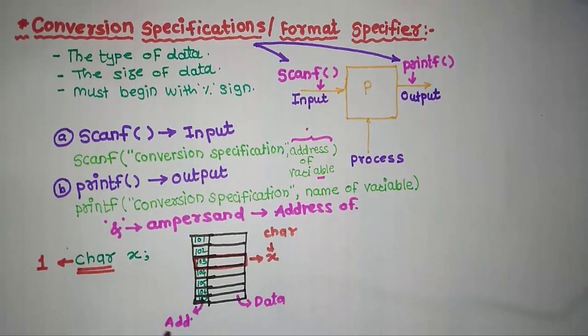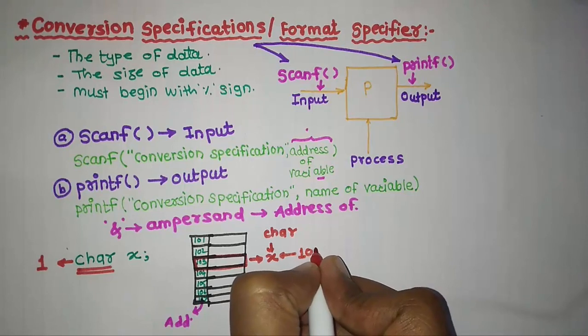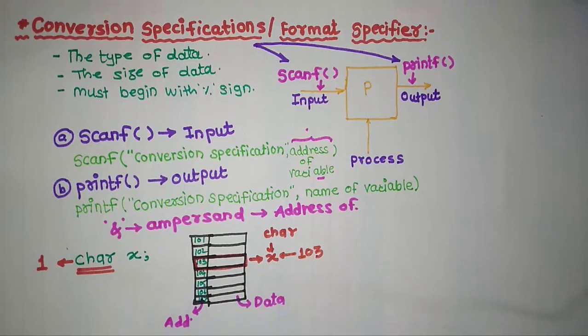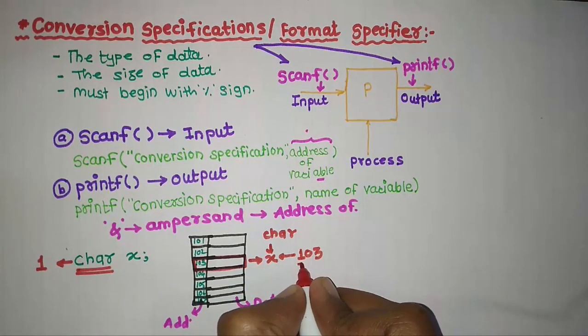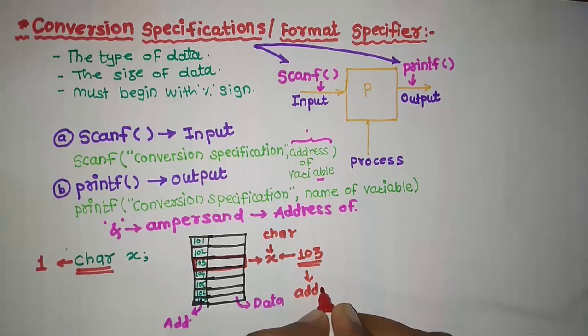In other words, out of the available memory slots with certain addresses, the location 103 is reserved with the name x, and whatever value is assigned is stored there. Means x is a name given to location 103. So in short, 103 is the address of variable x.